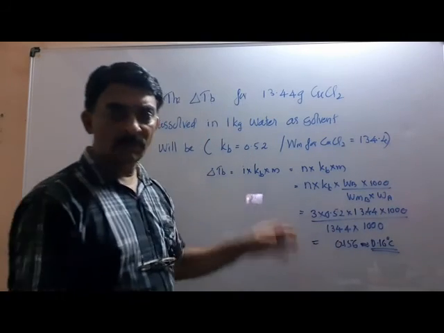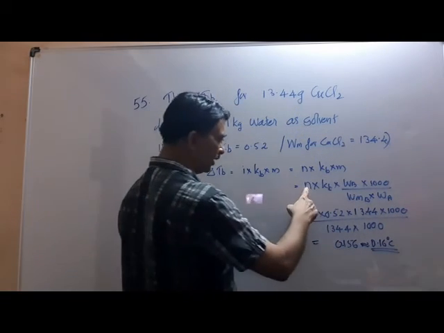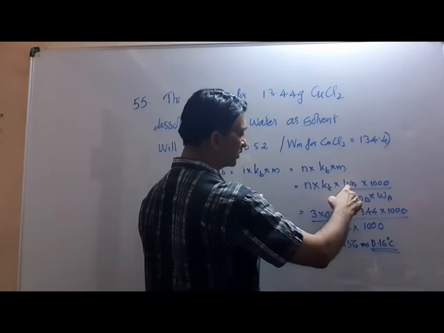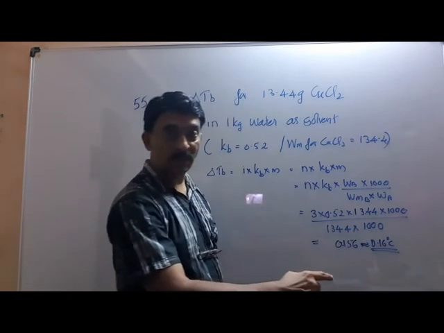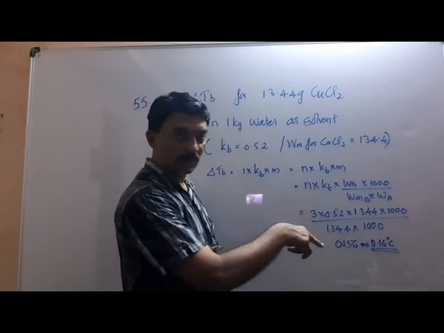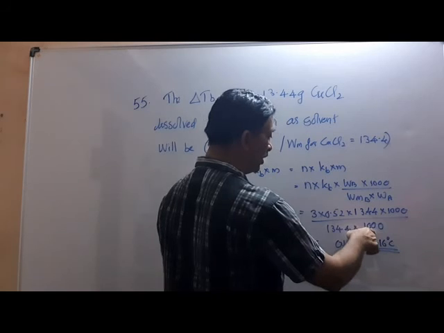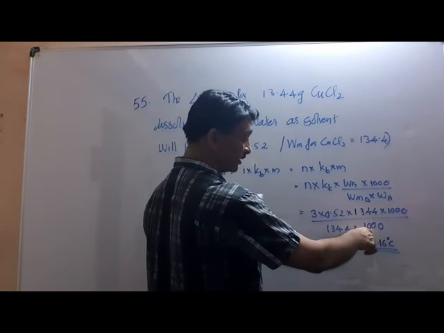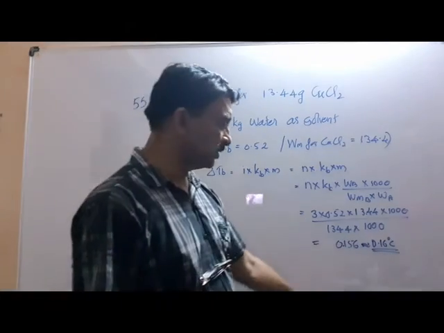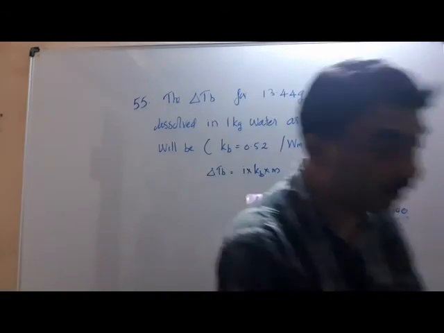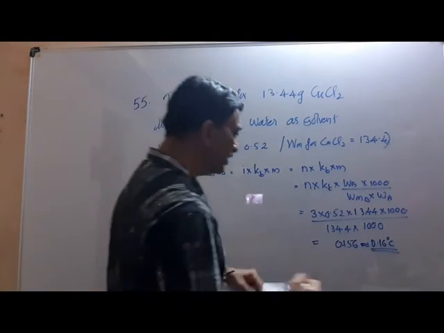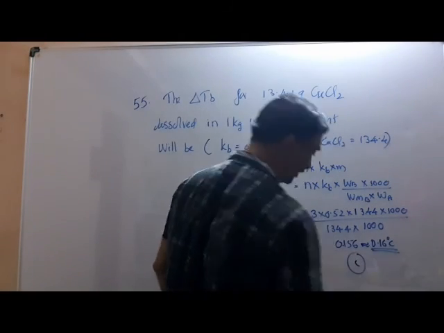We are provided with all the information to substitute here. n is equal to 3, Kb is equal to 0.52. Mass of solute, that is CuCl2 taken, is 13.44, into 1000 divided by the molecular mass of CuCl2, which has been given as 134.4. In the denominator, the mass of solvent is 1000, so another 1000. Cancelling, you get 0.156, which is very close to 0.16 degree Celsius, which is answer C in the question paper. C is your answer.